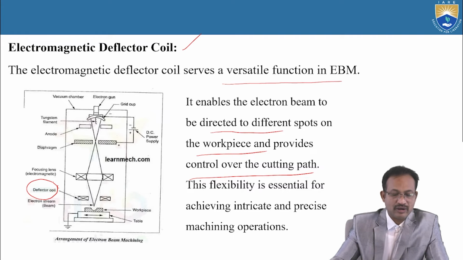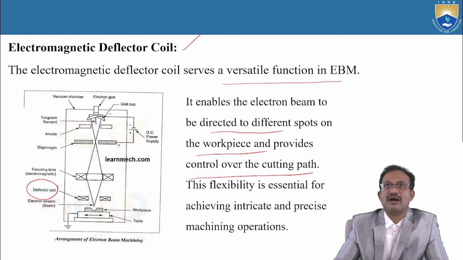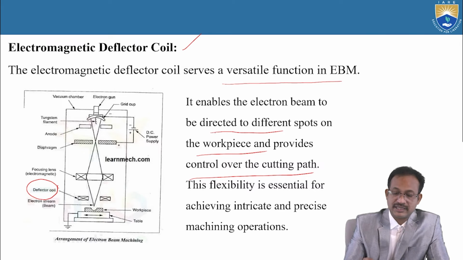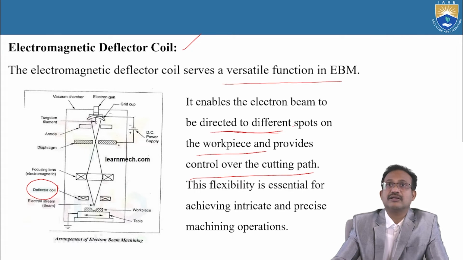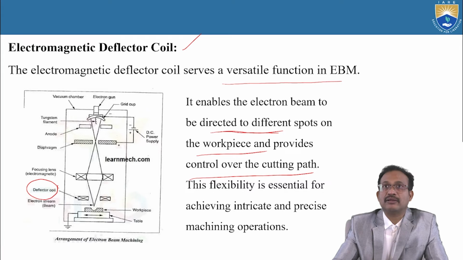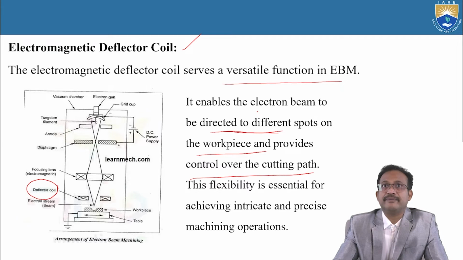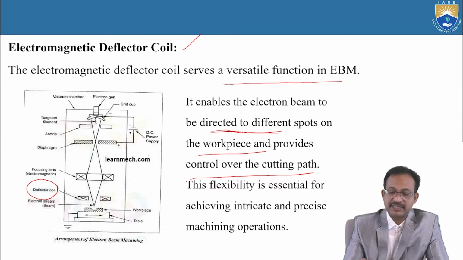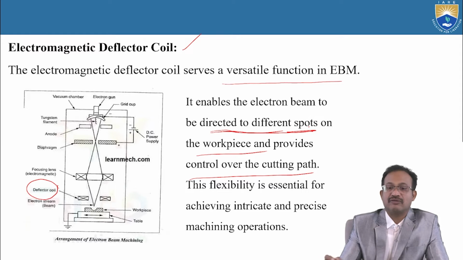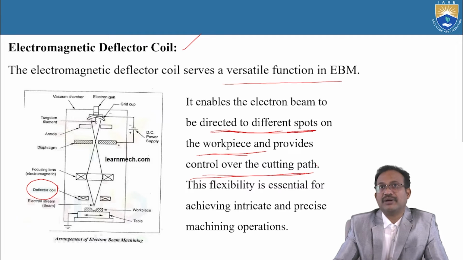So what will the deflector coil do? The deflector coil deflects the precise point of the emitted electron beam. It enables the electron beam to be directed to different spots on the workpiece and provides control over the cutting path.